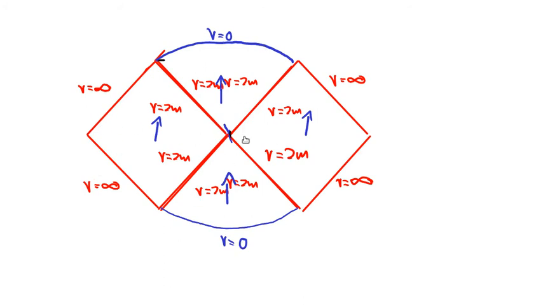So we have obtained a diagram which cannot be extended anymore. And what is the meaning of this diagram? This diagram is the Penrose diagram of the Kruskal extension.